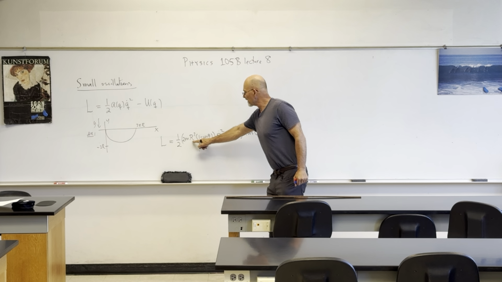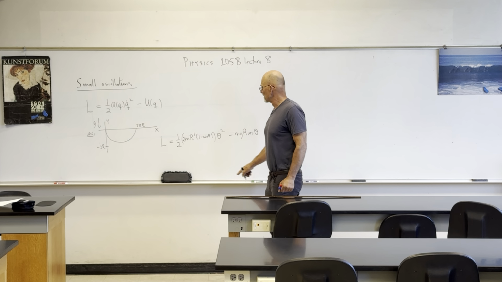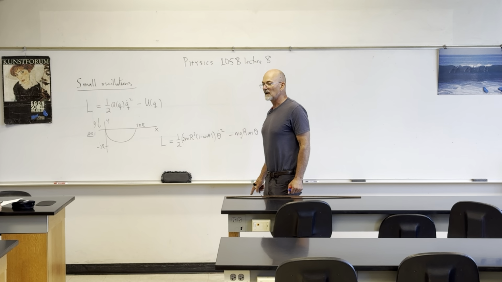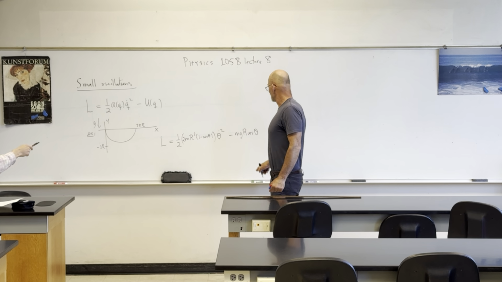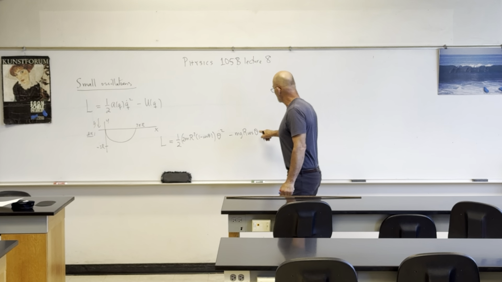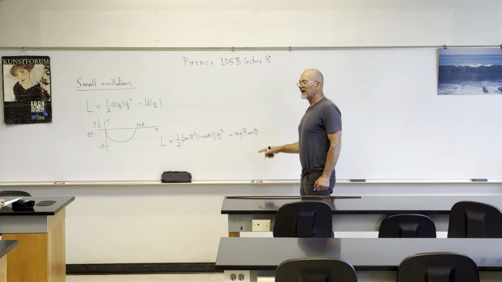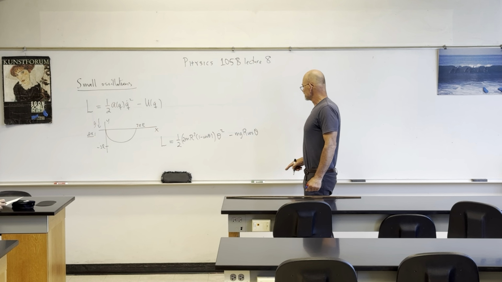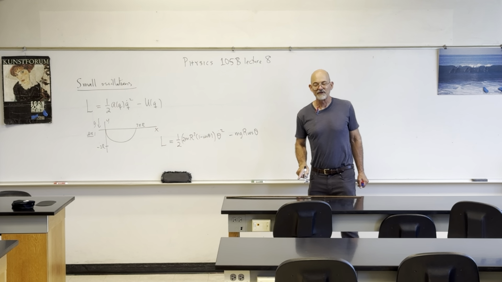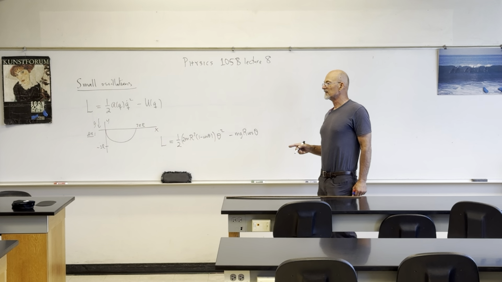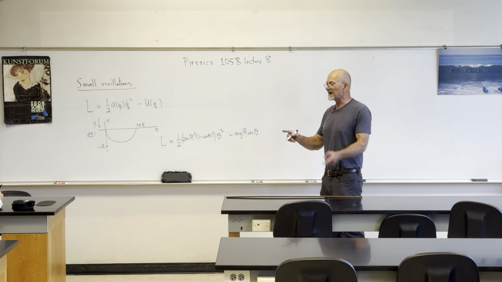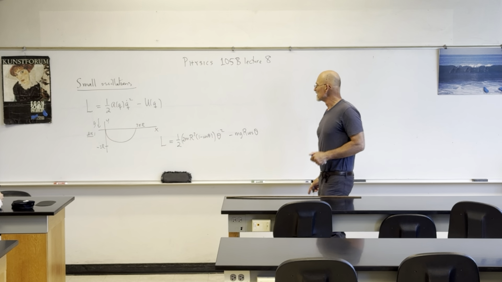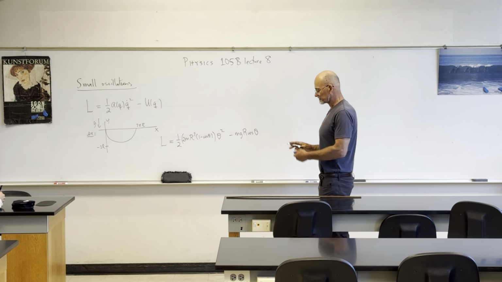But I pulled an R out. I pulled another R out there. Oh, gotcha. mgr cos theta. Parentheses, r cosine theta minus r in parentheses. Yeah, we could leave it this way too, because that would just be another arbitrary constant, right? We can take or leave arbitrary constants. So we can work with this one as well.